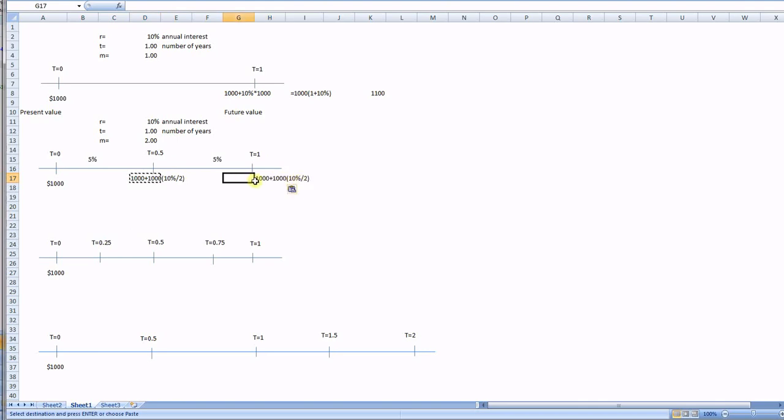This amount is the owing at T equal to 0.5. So we need to calculate the interest that we want to charge him during the second half of the year.